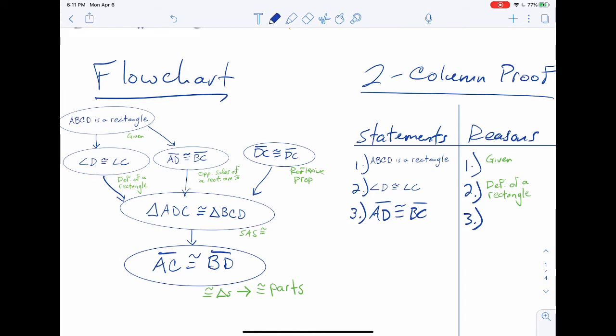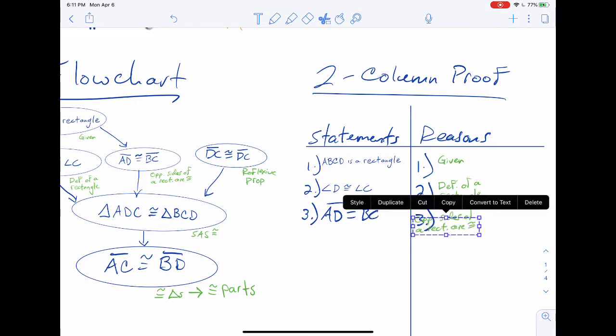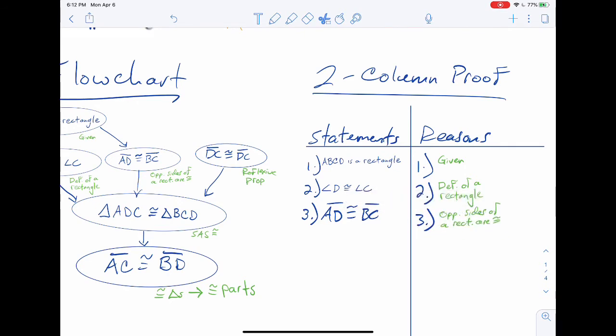AD is congruent to BC is our next statement. Why? Well, because opposite sides of a rectangle are congruent.